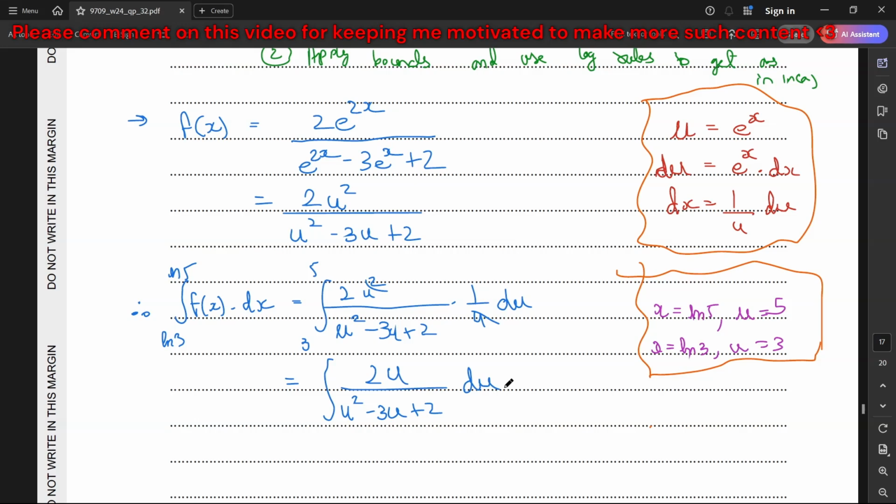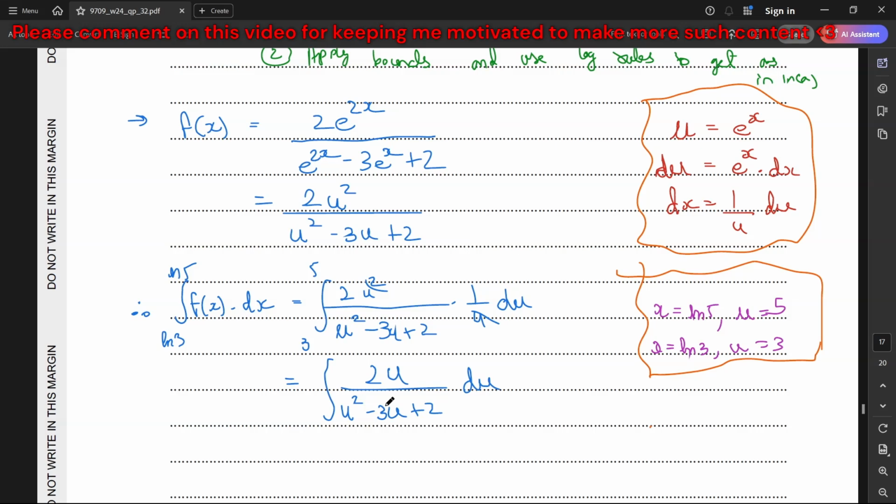Let's see if I can use the f dash x over f of x rule. If I differentiate u² minus 3u plus 2, I'll be left with 2u minus 3, and not just 2u. So in a way, I cannot use the f dash x over f of x rule over here.